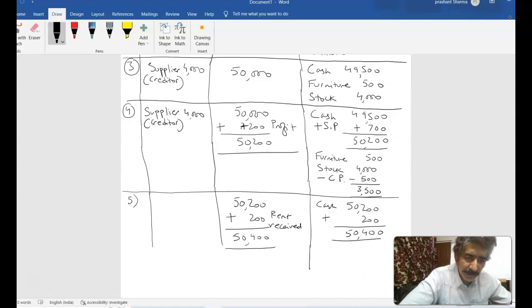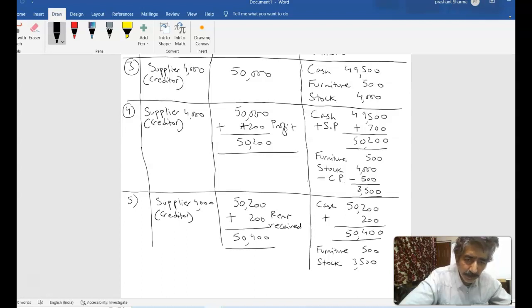Remaining things remain the same as above. So I'm copying down furniture as it is, 500, and I copy the stock down with the previous balance, 3500. And also on the liability side, I need to copy the supplier of rupees 4000. You can mention in brackets creditor.